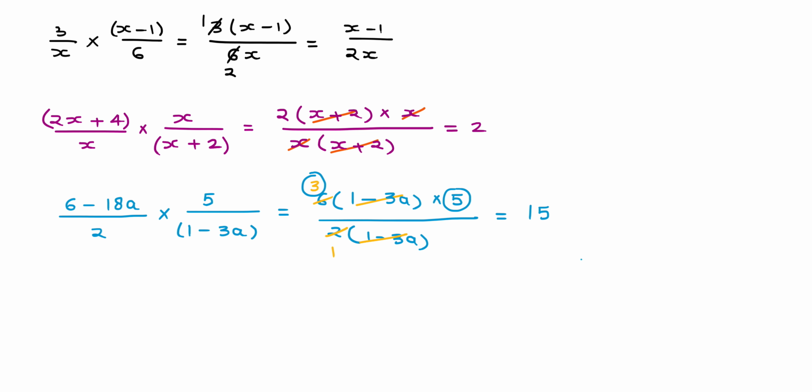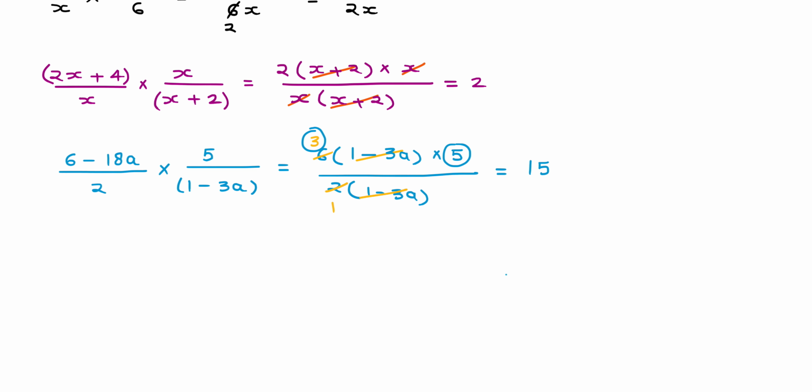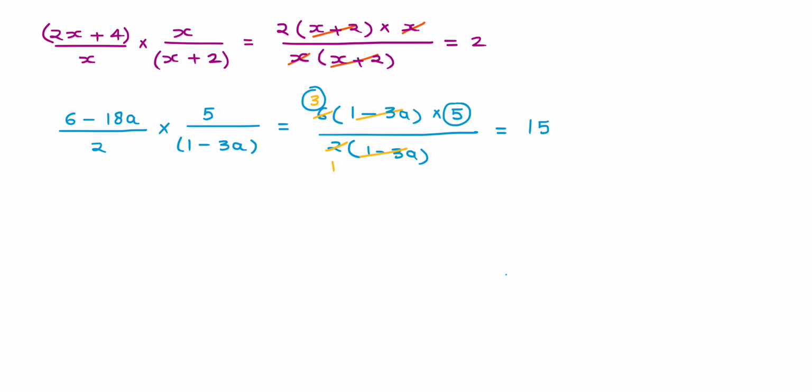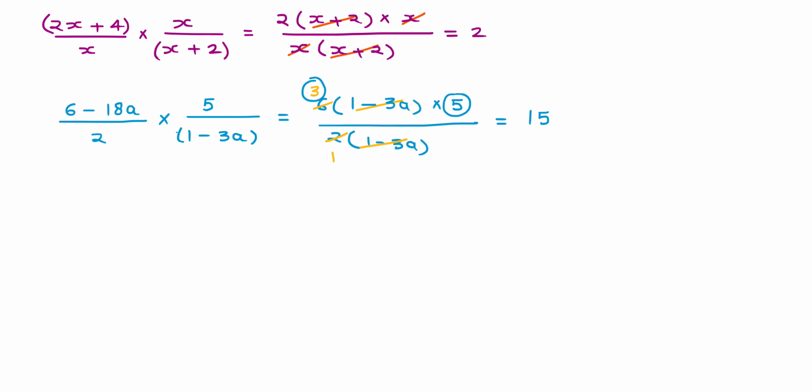Let's try another question which is similar, but factorization is required in both fractions. Let's say you have a question: 3x minus 21 divided by 2 minus x, multiplied by 4 minus 2x divided by 6x minus 42.